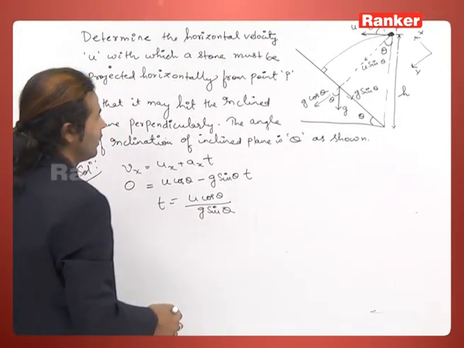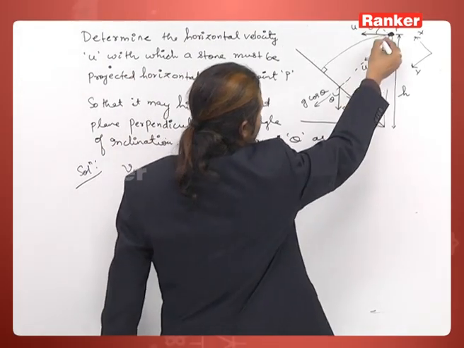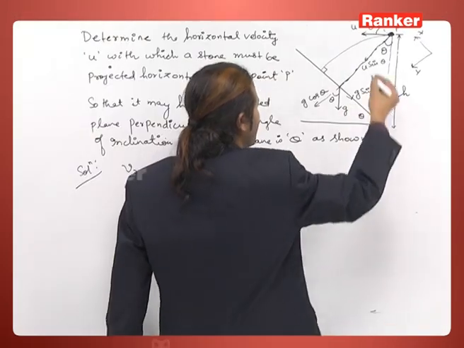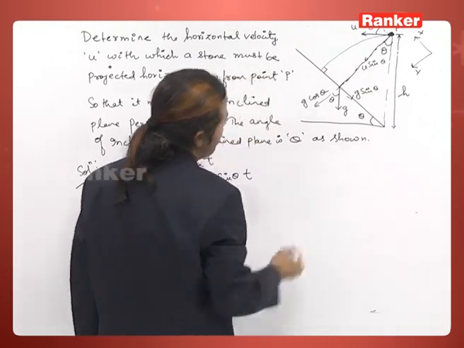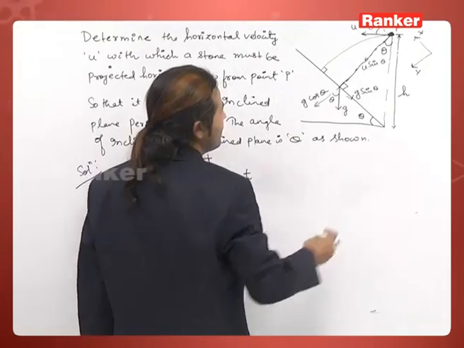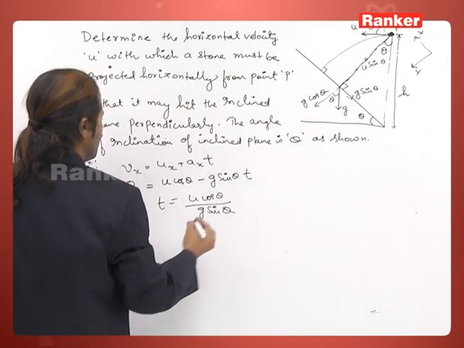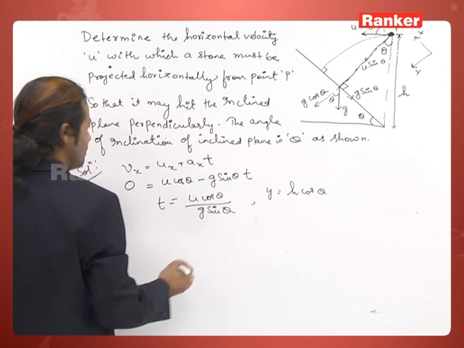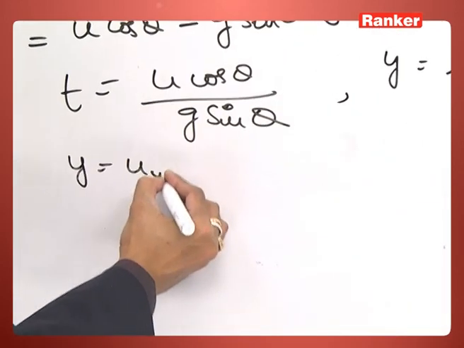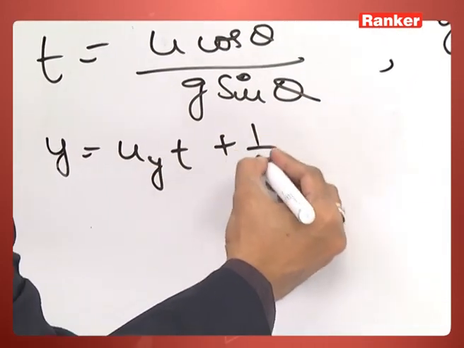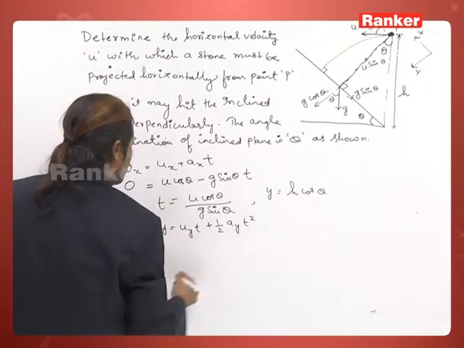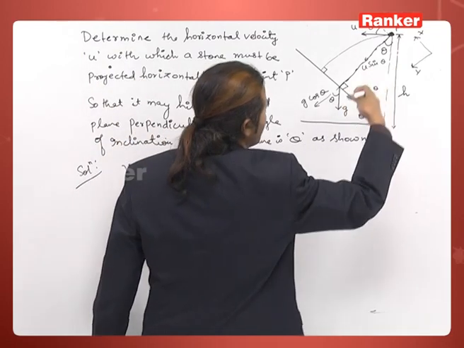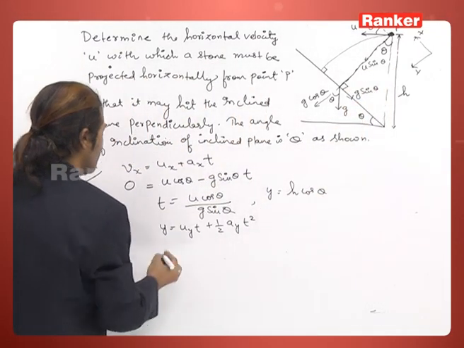Now my height is, this one is the vertical distance. So I can write here, this is h. So the y height is h cos theta. So y is equal to uy t plus half ay t square. This one is vertical, so I take this one as positive only.